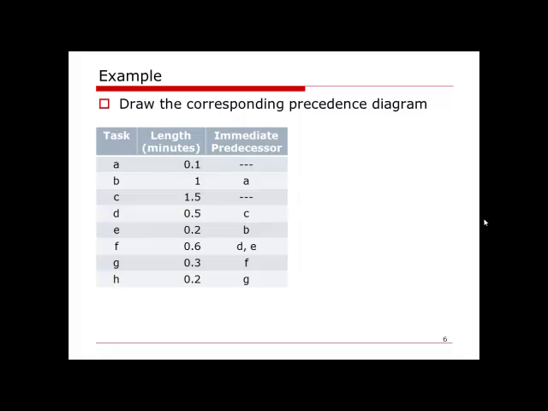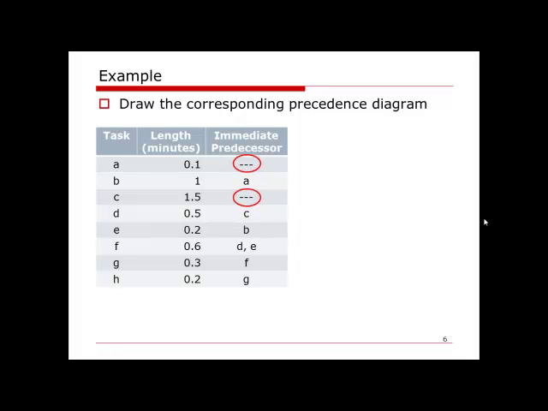Now we need to draw the corresponding precedence diagram. We have the precedence relationship table, and we always start from the tasks that have no immediate predecessor, because these are the tasks that do not depend on other tasks.